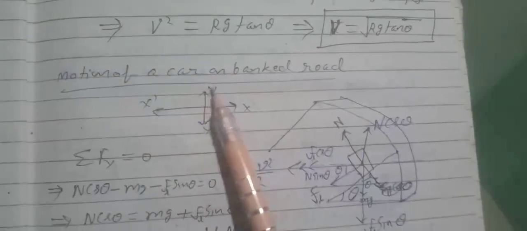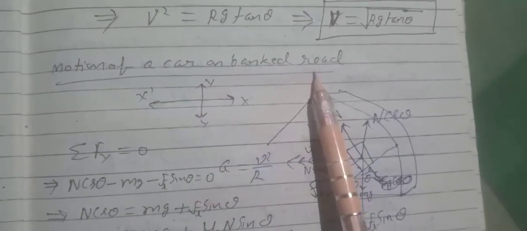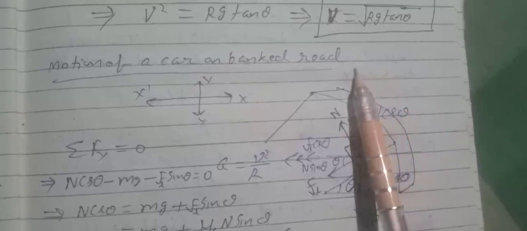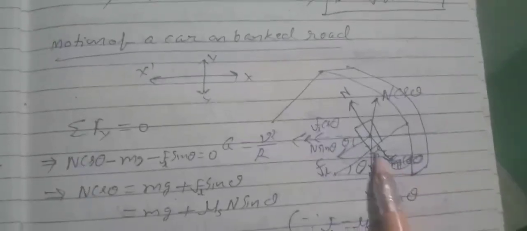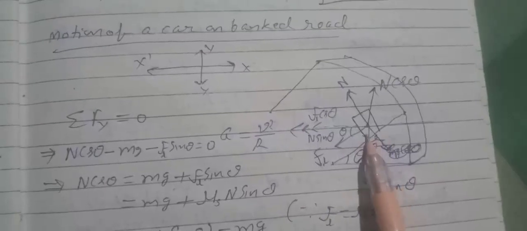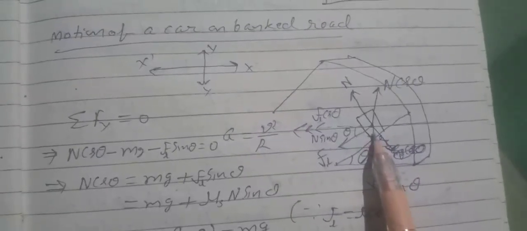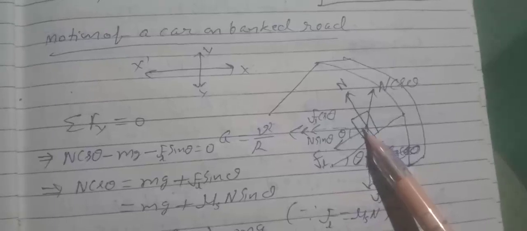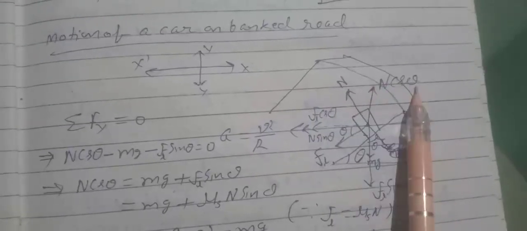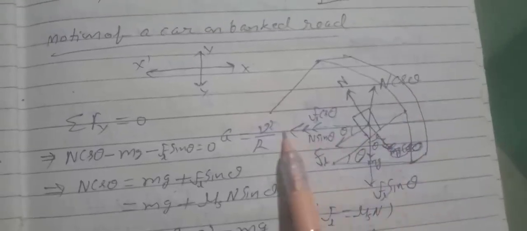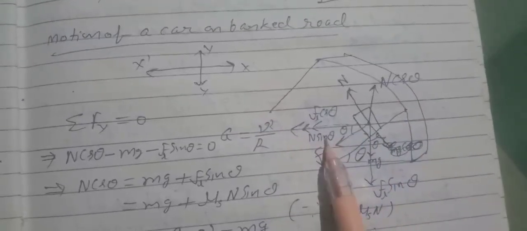Now, motion of a car on a banked road when the frictional force is also acting. Here the free body diagram of the car is shown. The normal force is acting in this direction. It has two components, one in the vertically upward direction, N cos theta, and another in this direction, N sin theta.